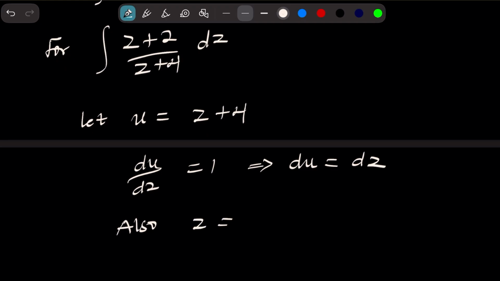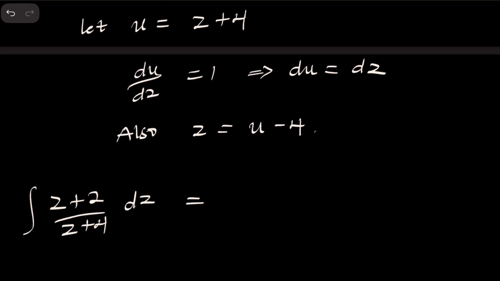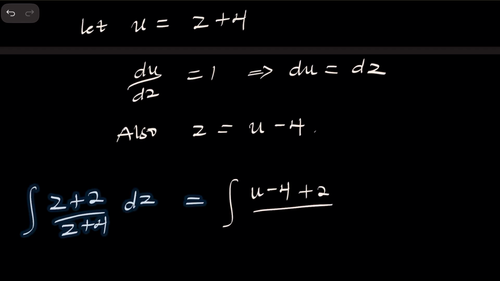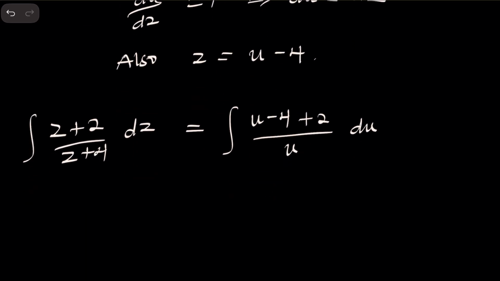Also, we have z = u - 4. Thus, our integral will be giving us, now z is defined to be u - 4, and so we are going to have the integral of (u - 4 + 2), divided by z + 4, which is now defined as u. So this guy is going to be u, and dz is equal to du, and so this will be du.